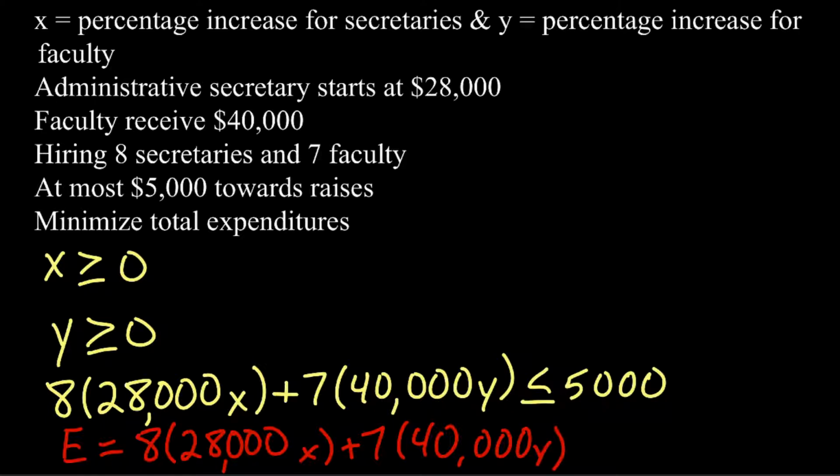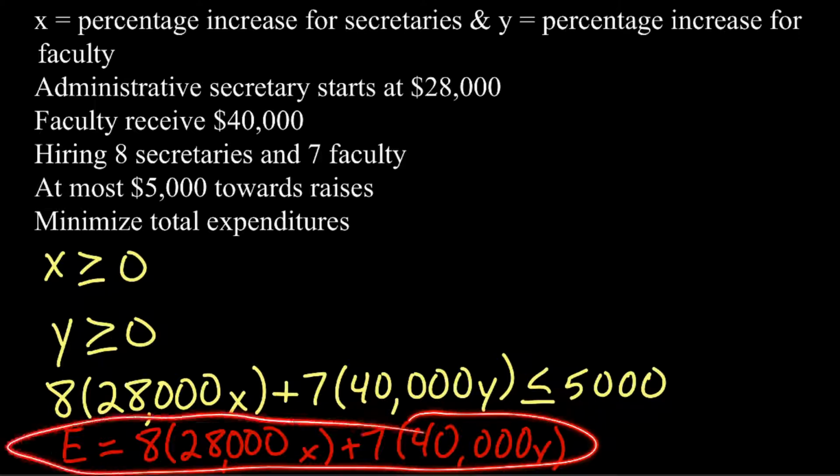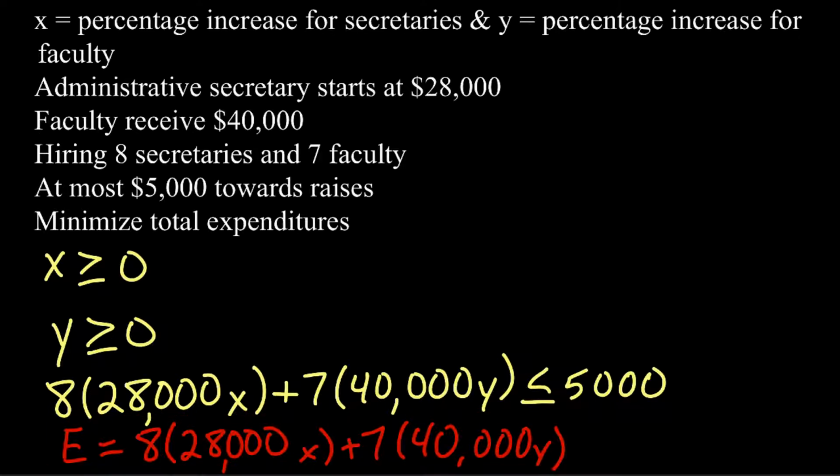So we're minimizing this equation. All right, so I'm going to take those equations, and this one right here is one we're going to need on the next slide. So I'm going to take it over.